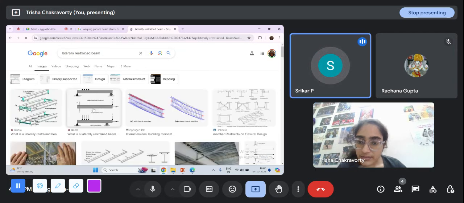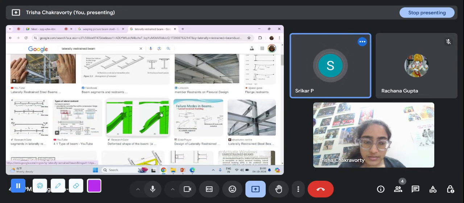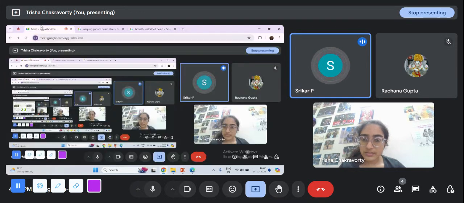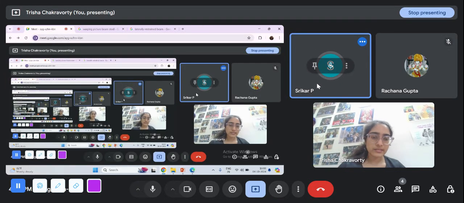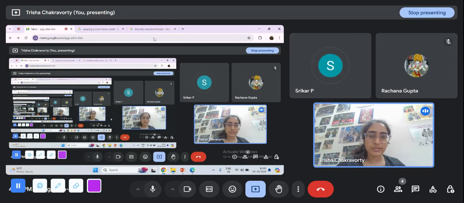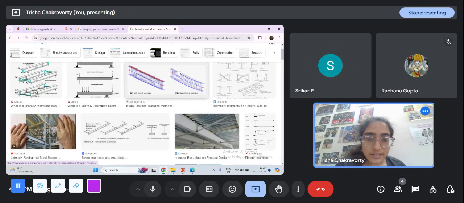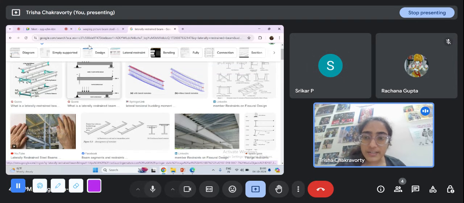What you're saying is that there is a difference in practice also. If stiffener plates are there, that is laterally supported, or if any walls are constructed or a roof is there. By seeing itself, we probably will be able to say there will be these kinds of restraints here.